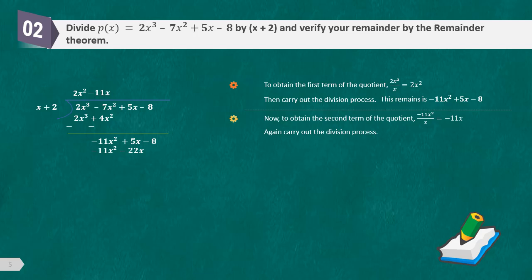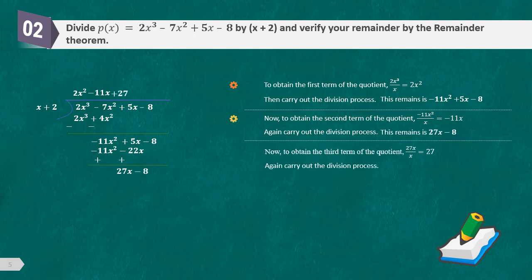Now to obtain the second term of the quotient, divide minus 11x square upon x, that is minus 11x. Again carry out the division process. We have to change the sign. Then minus 11x square plus 11x square are cancelled out, and the remainder comes out 27x minus 8.